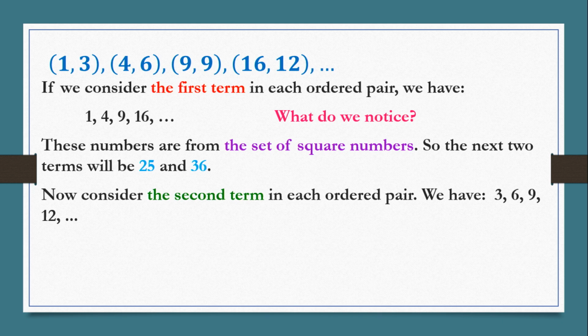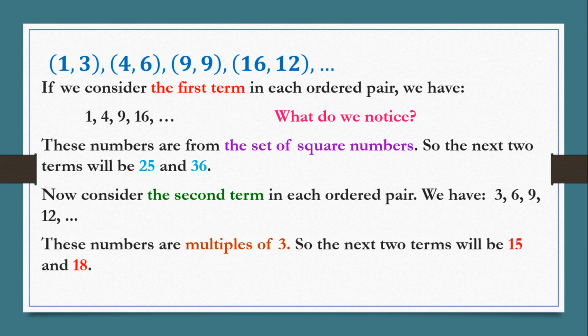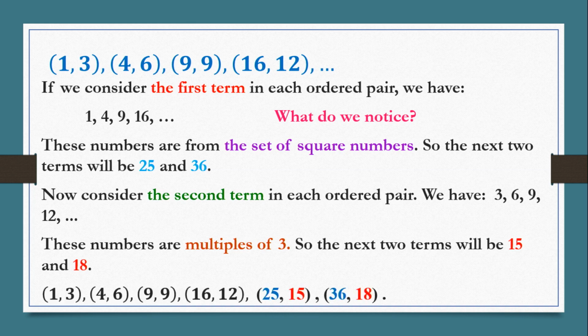We have 3, 6, 9, 12 and so on. These are multiples of 3. So the next two terms will be 15 and 18. So I can write the next two terms (25, 15) and (36, 18).